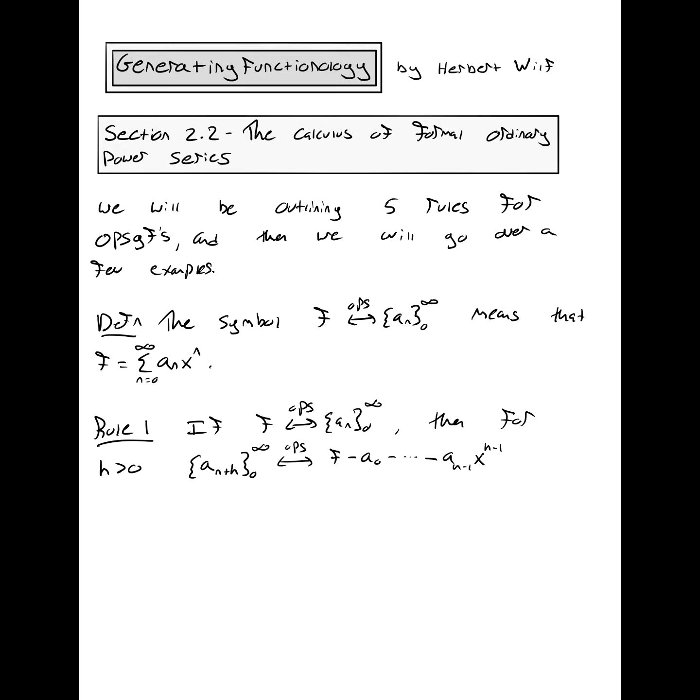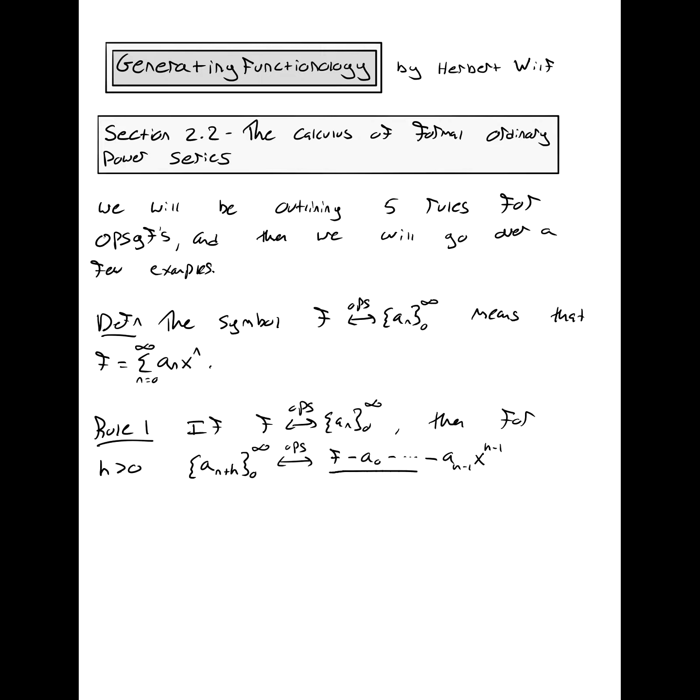So we want to have the first term in our ordinary generating function to be a sub h. So let's subtract off all the first h minus 1 terms. But we can't just stop there, because we also need to have the x's have the correct powers on them.